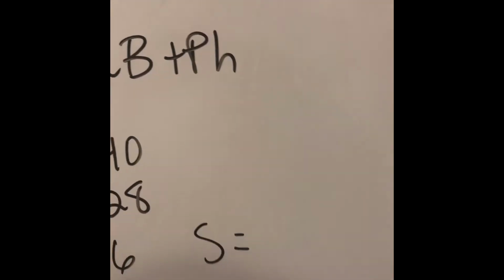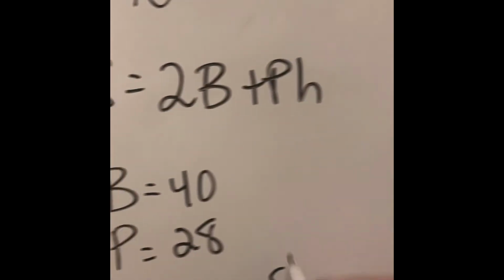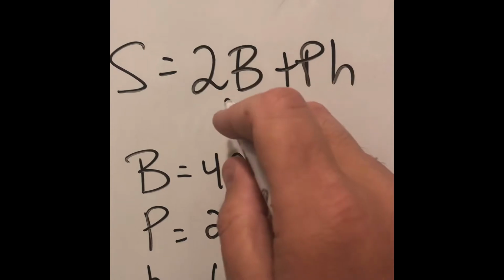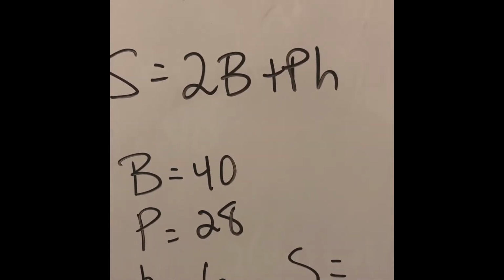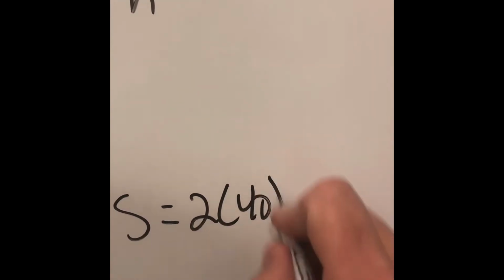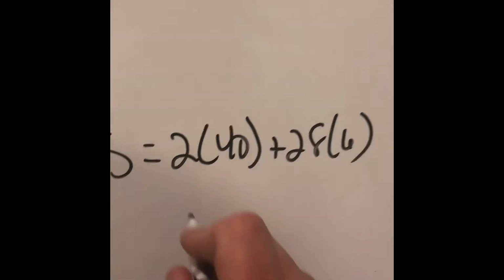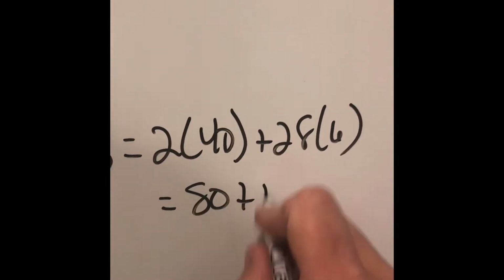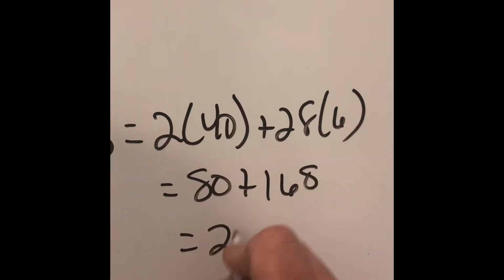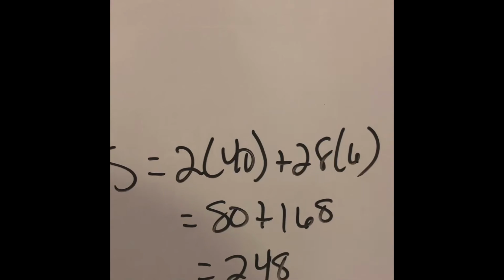So my surface area, if I just plug these numbers into my formula, is going to be 2 times 40 plus 28 times 6. So 80 plus 168 gives me a surface area of 248.